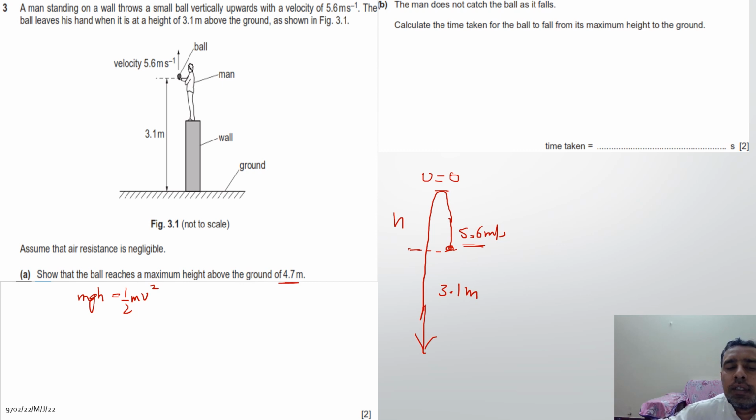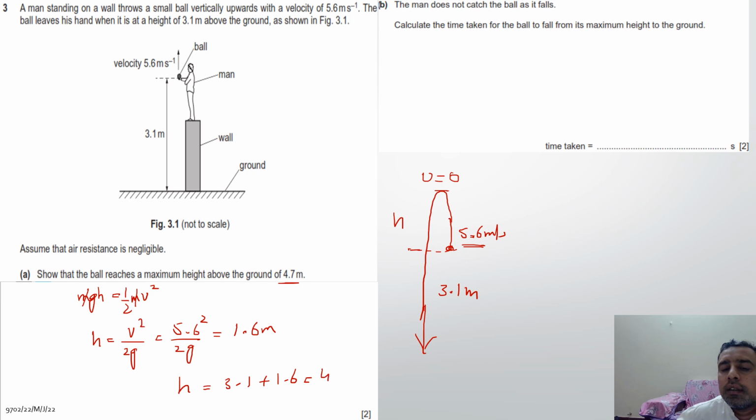This m is cancelled with this m, and h is v square by 2g, that is 5.6 square over 2g. So the answer is 1.6. So the total height is 3.1 plus 1.6. The answer is 4.7. It's shown.